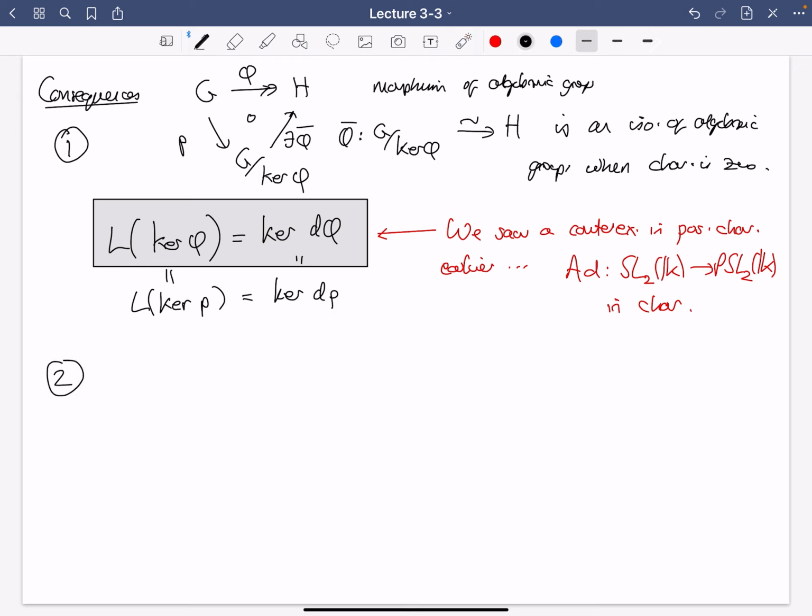That's consequence 1. Consequence 2: suppose that H and K inside G are closed subgroups.